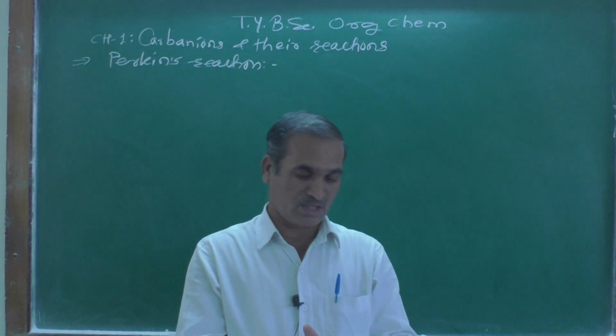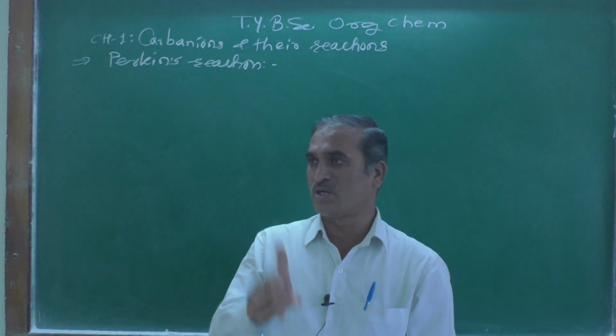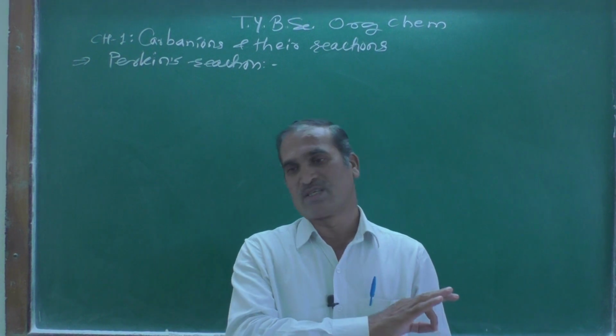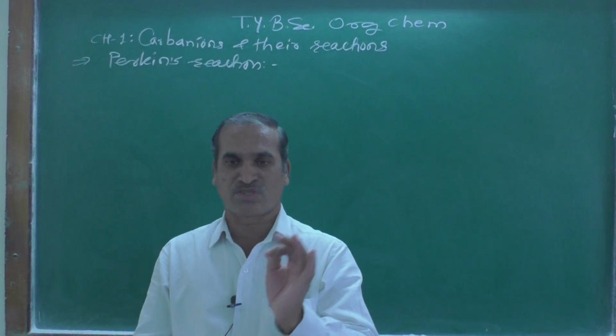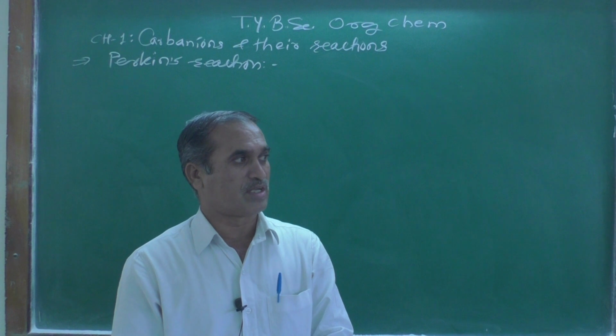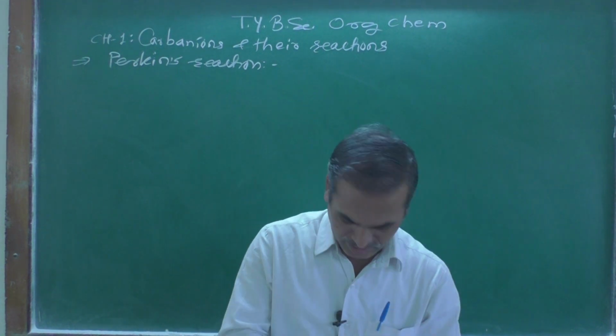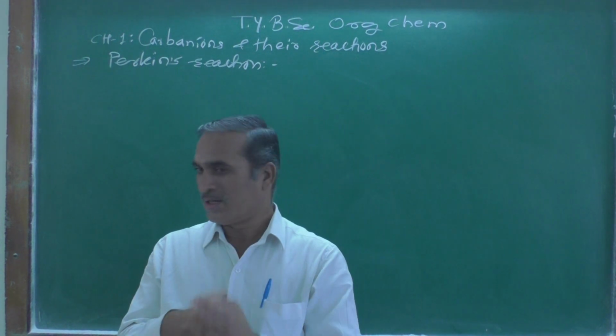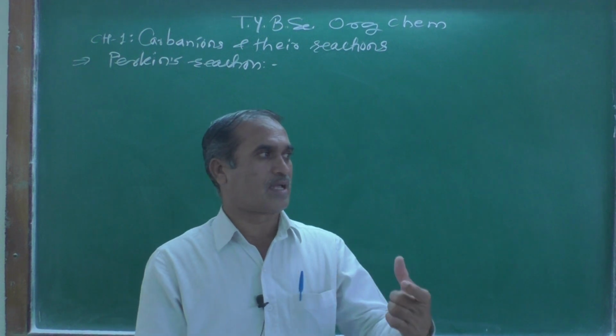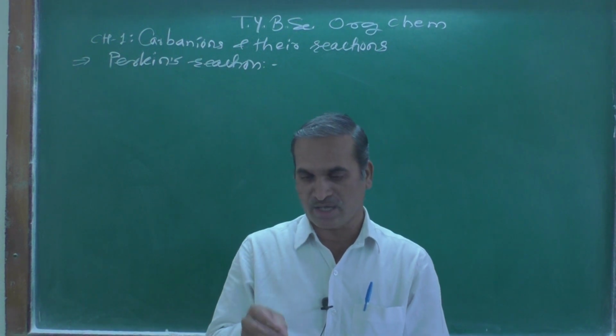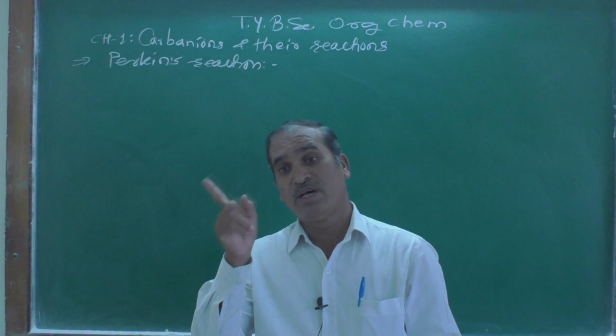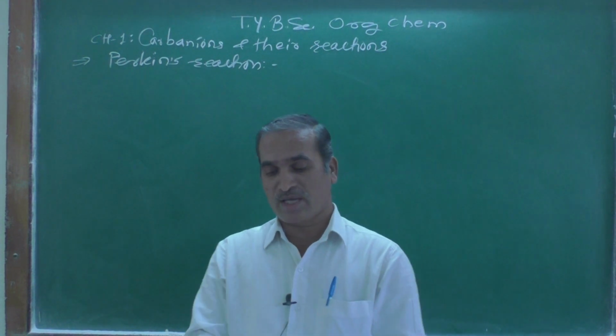Remember, there are three types: one is a simple Claisen ester condensation reaction, the second is a crossed Claisen ester condensation reaction, and the third is Dieckmann cyclization.